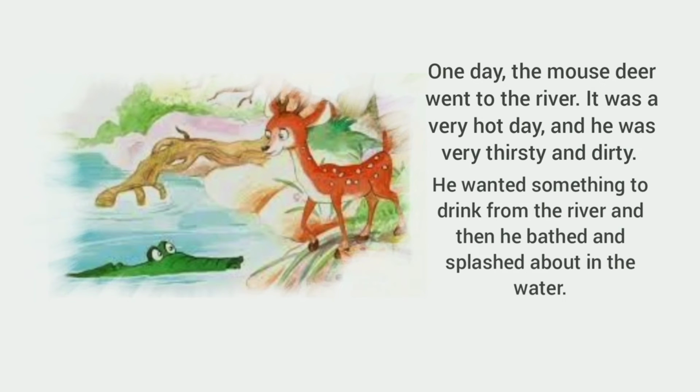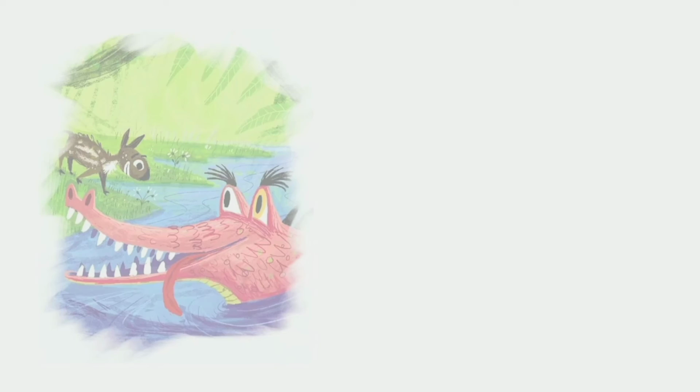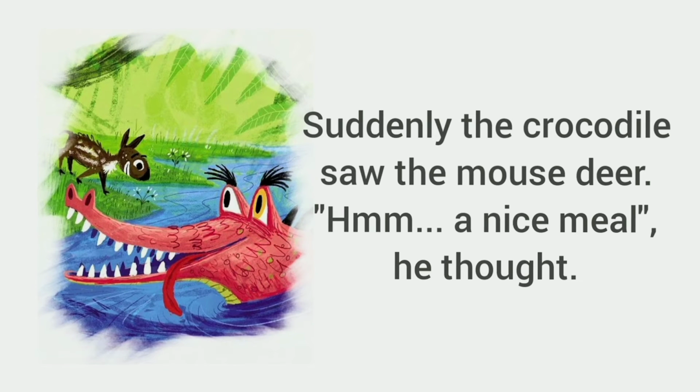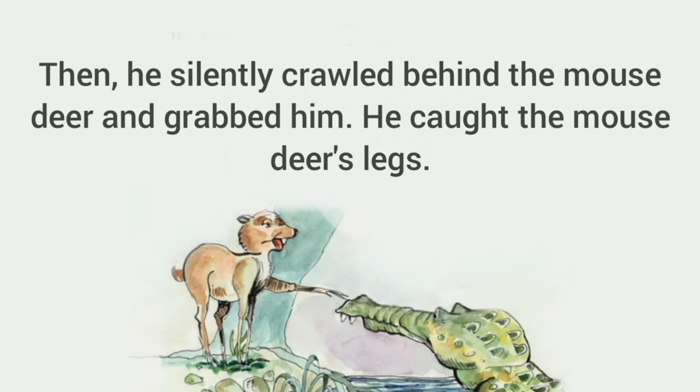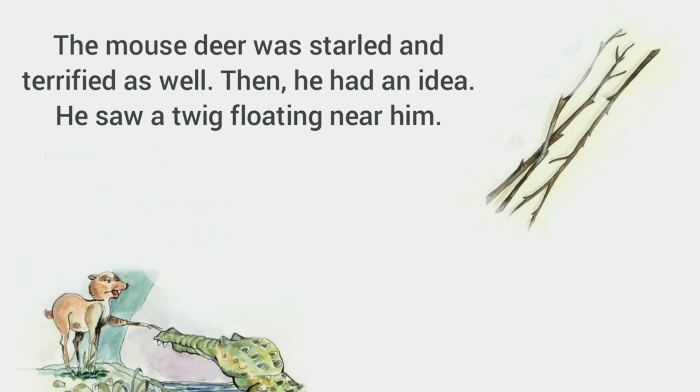He wanted something to drink from the river, and then he bathed and splashed about in the water. Suddenly, the crocodile saw the mouse deer. Nice meal, he thought. Then he silently crawled behind the mouse deer and grabbed him. He clutched the mouse deer's legs. The mouse deer was startled and terrified as well.